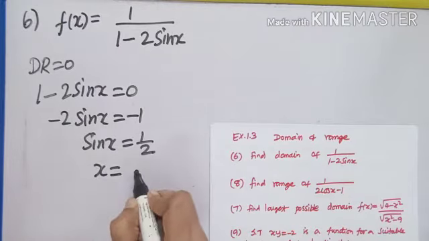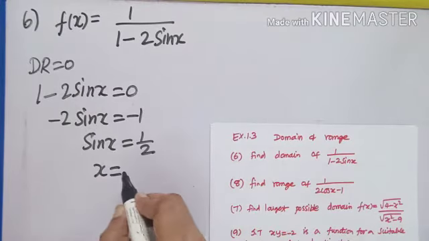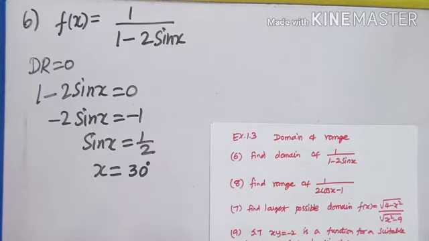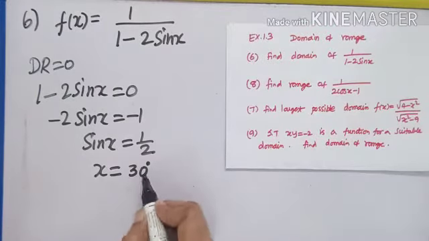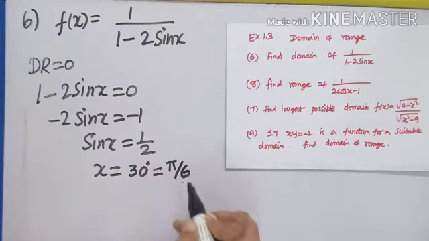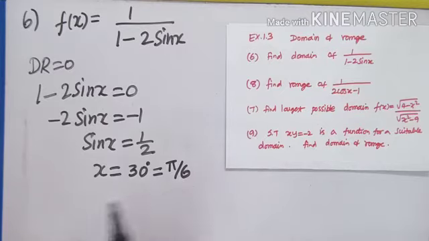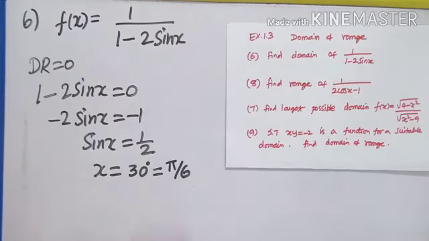Or you remember from trigonometry, sin x is half means it is 30 degrees. But we are in higher secondary. We do not write the angle in degrees. We write it in radians, and about this you will learn in trigonometry in detail. So x is equal to pi by 6.